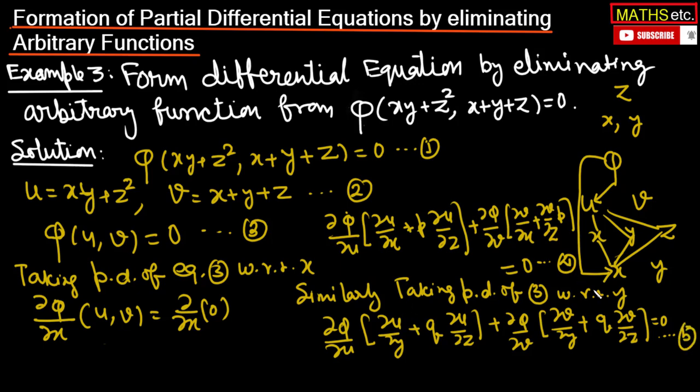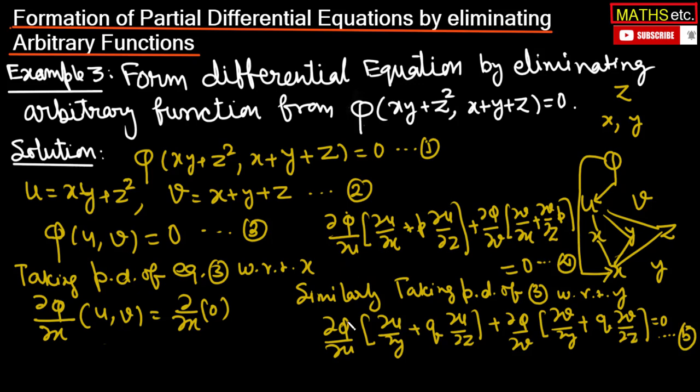So from equation number 4 and 5, we have to eliminate the partial derivatives of arbitrary function phi. So how to go about it? From 4 and 5 we can see, suppose in equation number 4 we bring the second term on the right hand side, and in equation number 5 the second term on right hand side, and then we divide 4 by 5.